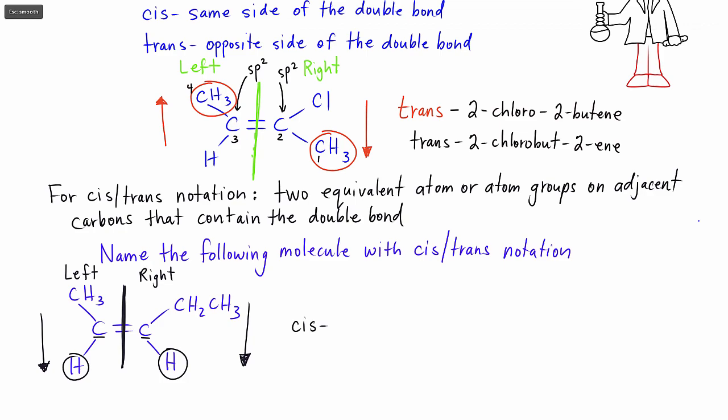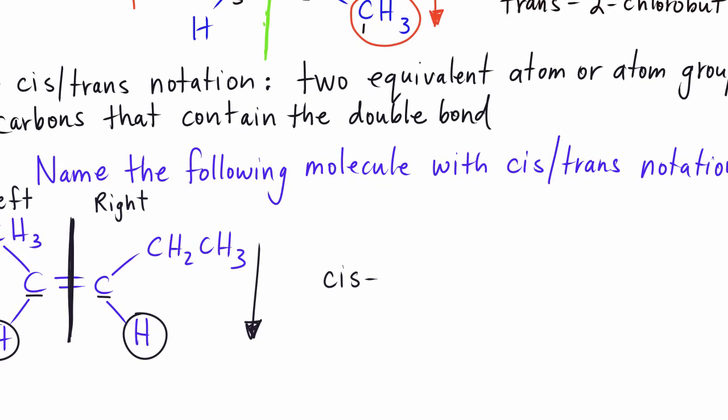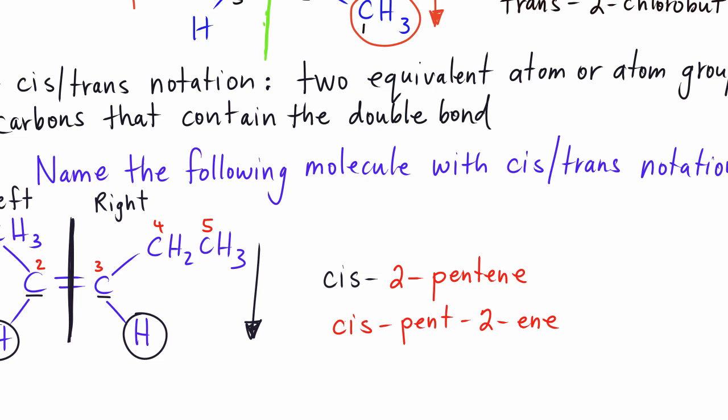We want to go the shortest route to get to the double bond. So that's 1, 2, 3, 4, 5. And that's going to give me cis-2, with 5 carbons, that's going to be a pentene. Or we can call this cis-pent-2-ene.